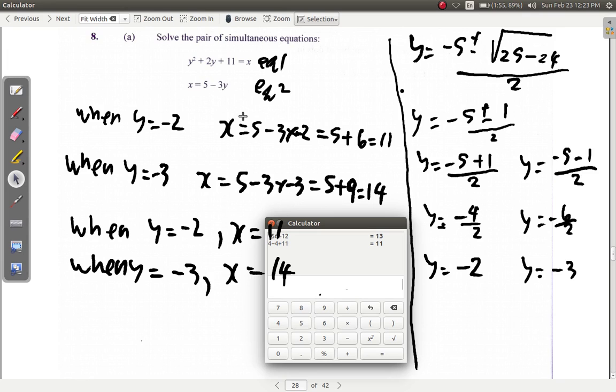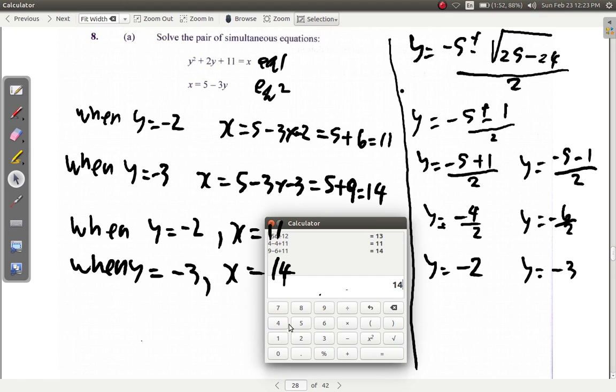You could try the other solution as well. When y is negative 3, negative 3 squared is 9, plus 2y is going to be plus 2 times negative 3, which is minus 6, 9 minus 6, plus 11 is 14. So it does work with equation 1.